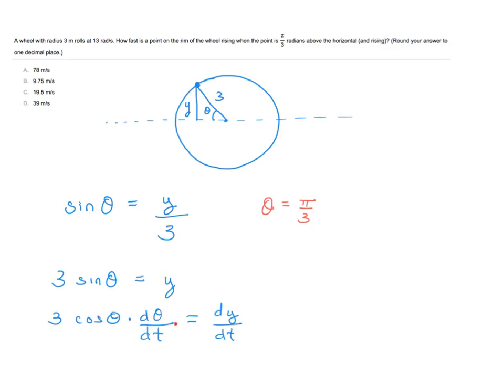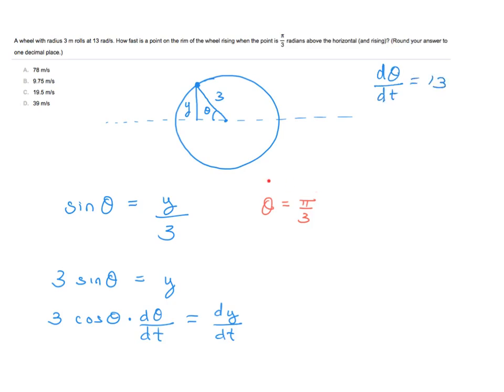The only other thing that we need to know is what is d theta/dt? And that's what the given information tells us. If you're told how fast the wheel is rotating, that is equivalent to stating how fast this angle is changing. So we know from our given information that d theta/dt is equal to 13.